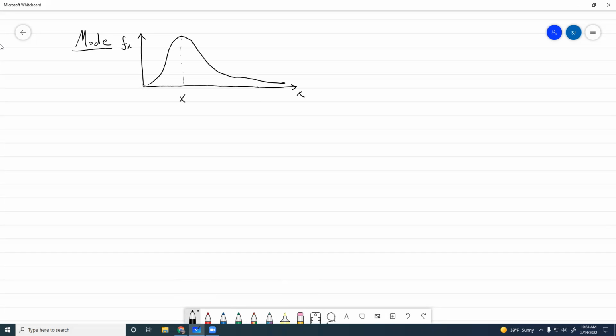And we call it X tilde, the mode. Oftentimes it overlaps with the mean and the median if it's symmetrical, but this is asymmetrical, right? So the mode is here, and the mean's probably somewhere over here, right? But if it's symmetrical, then they all line up.